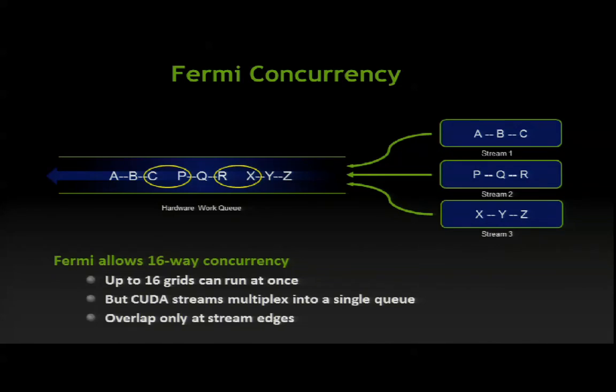So you had a lot of these so-called false dependencies, where in theory, while A was working, it could already have started with P. But the unit that was scheduling the work didn't have access to P. It didn't see that there was something coming down the road that could be done concurrently.